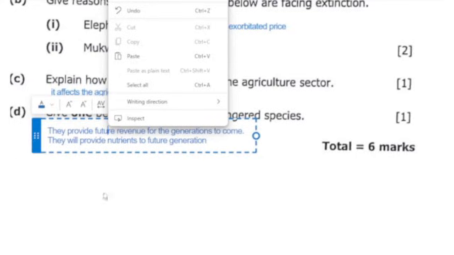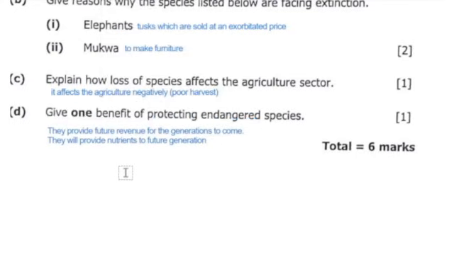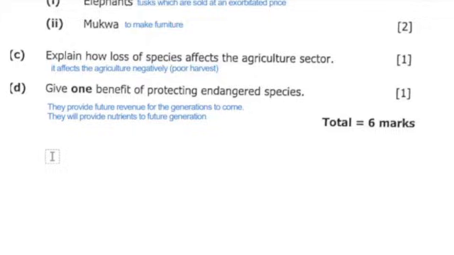They also provide future revenues to our future generation. So it's very important that we preserve this so that even our great grandchildren are going to benefit from this.